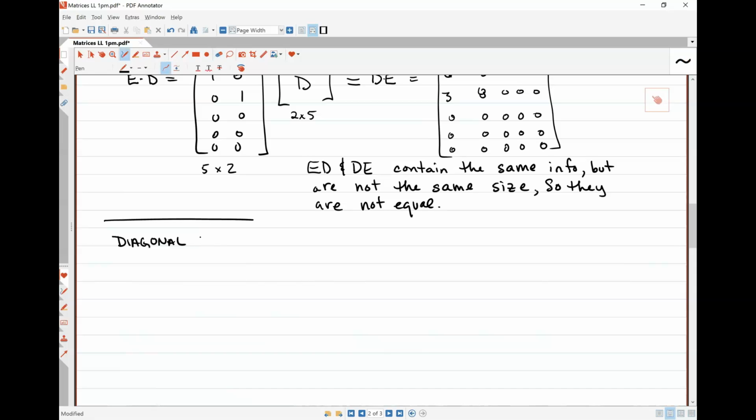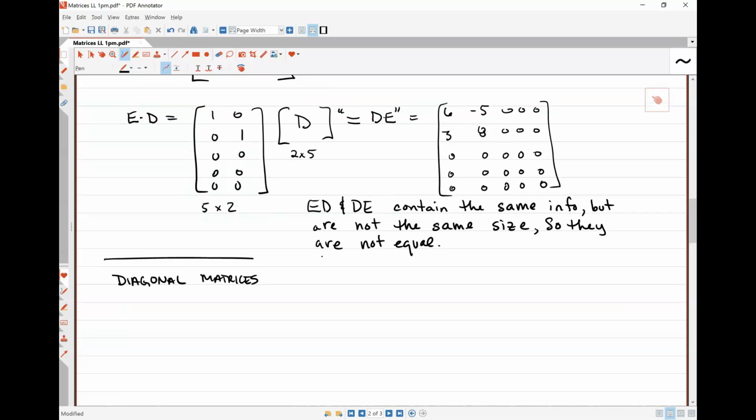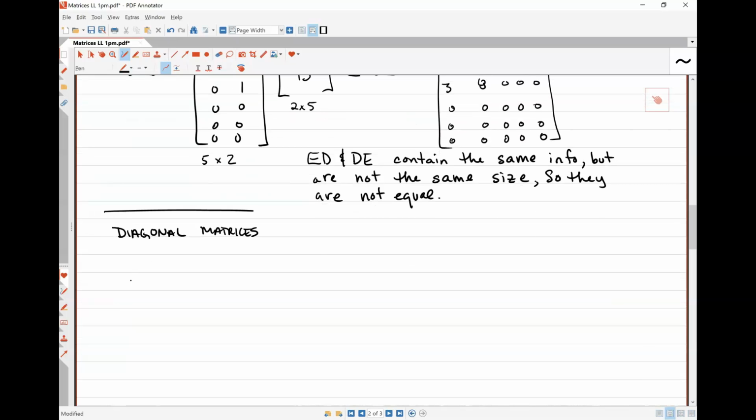Let's see. I want to use square matrices again. Maybe I'll call this one D for diagonal.